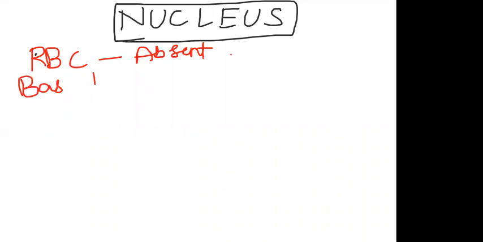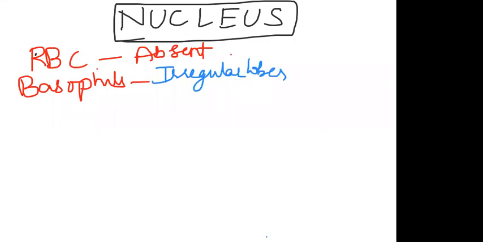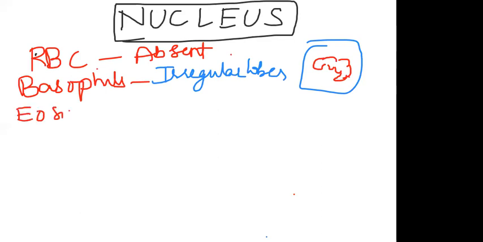How about the nucleus in basophils? The nucleus is divided into irregular lobes like this. So these cells are unique with their own nucleus. In the same way, let me move towards the eosinophils or acidophils.